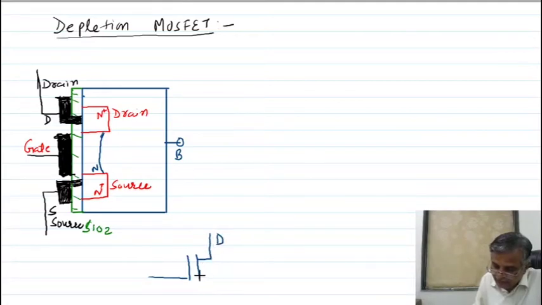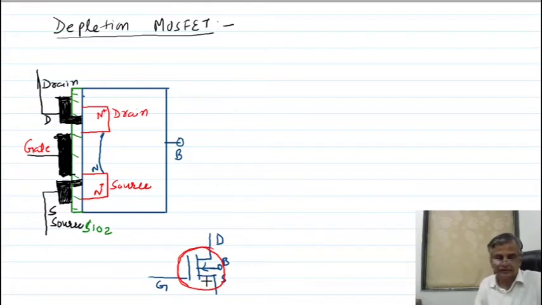Drain and source. This is your bulk, B. This is your gate. And this is the symbol of a depletion type MOSFET. There is a continuous channel between drain and source.